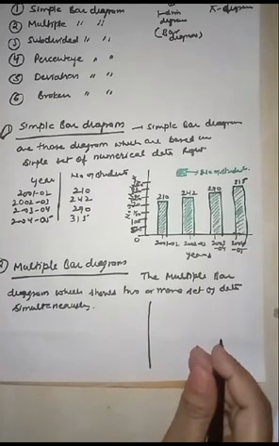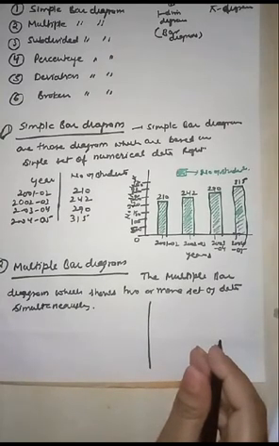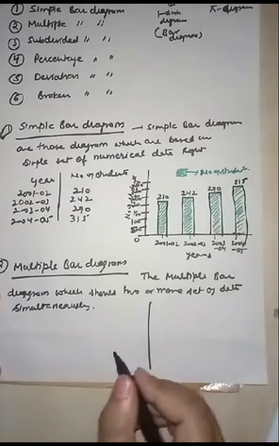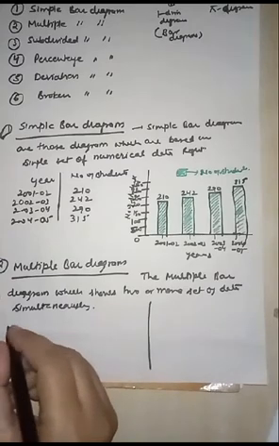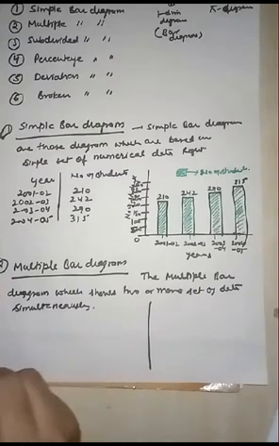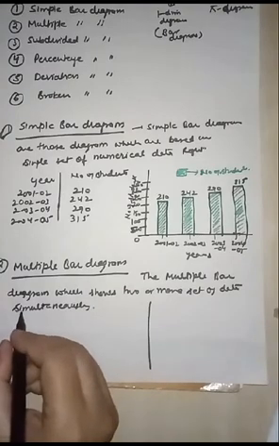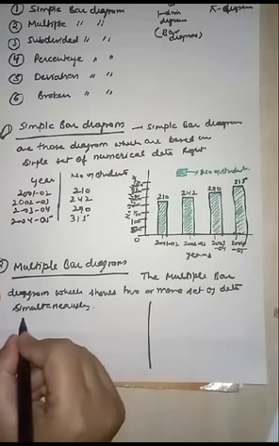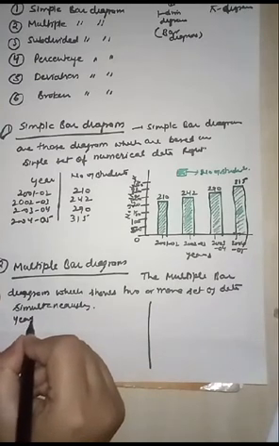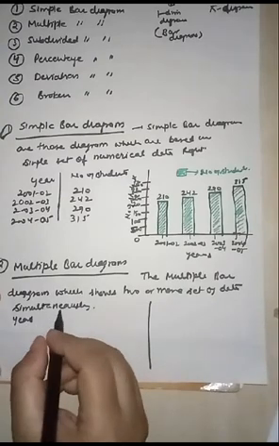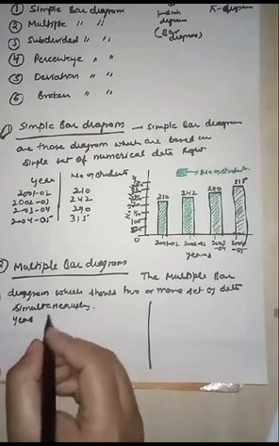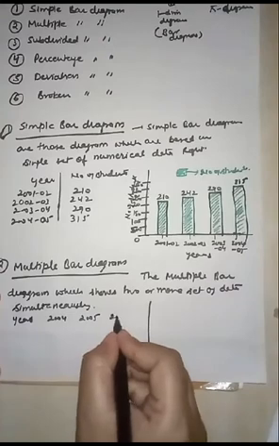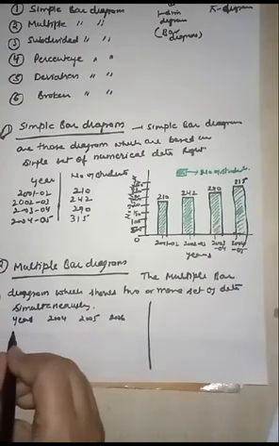Let's take the example. Here I will take the years 2004, 2005 and 2006.